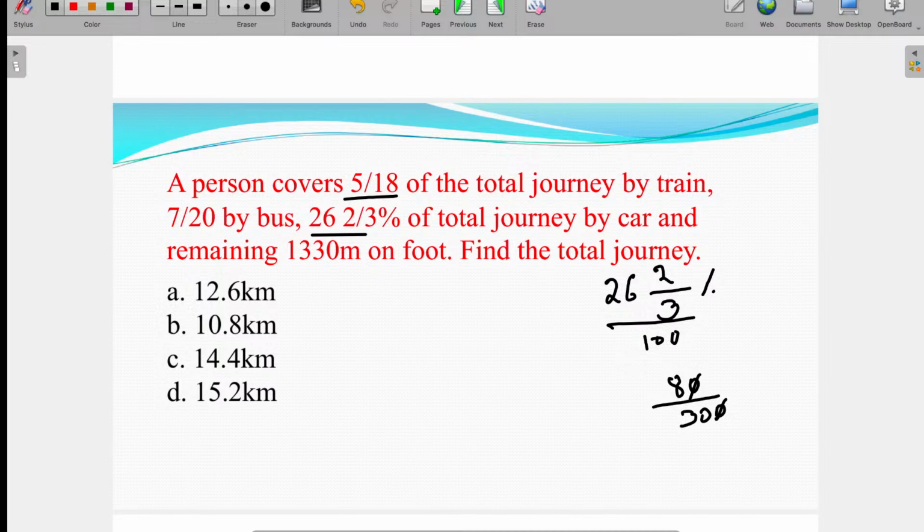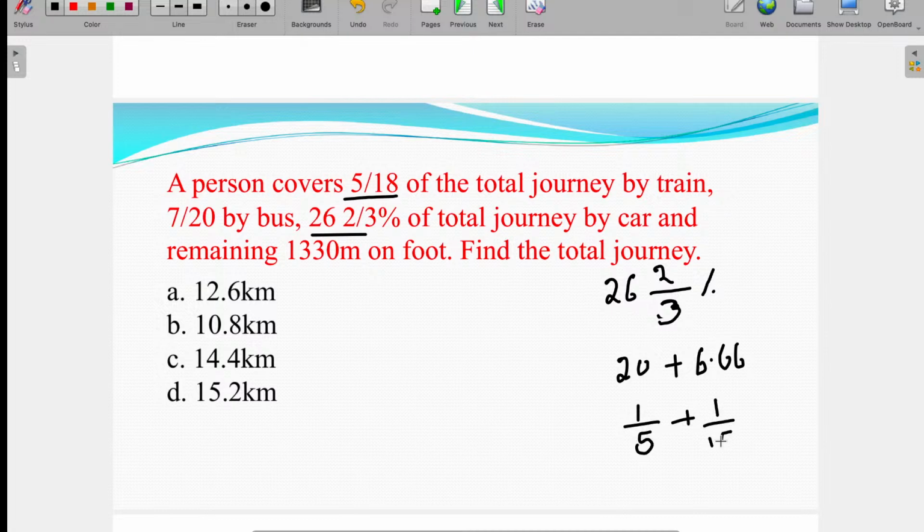Another way of doing this calculation: whenever you get 26 2 by 3 percentage, can I write this as 20 percentage plus 6.66 percentage? 2 by 3 means 0.66. 20 percentage is 1 by 5. 6.66 is, we know, 1 by 15.